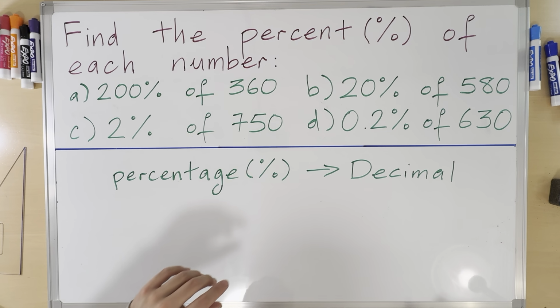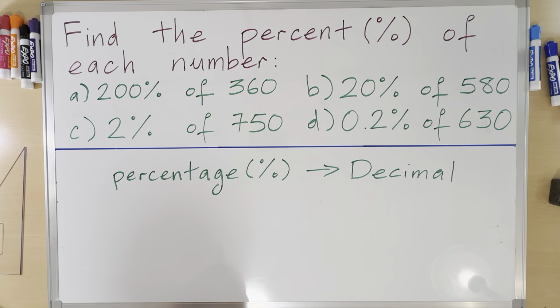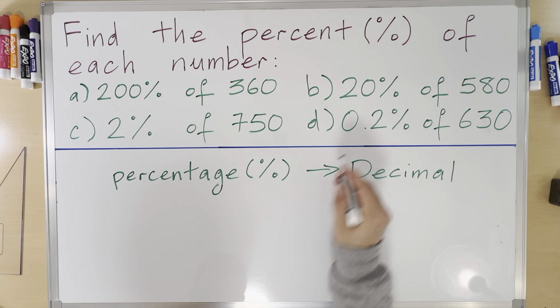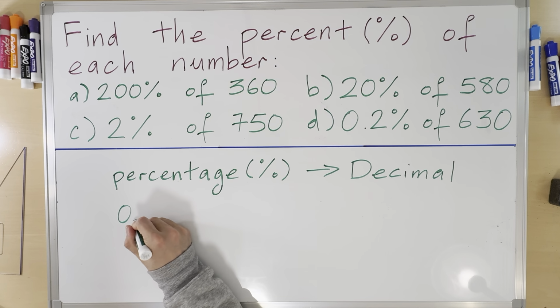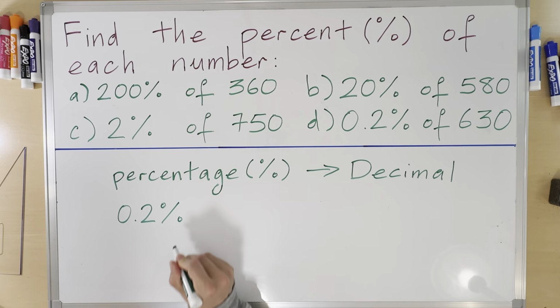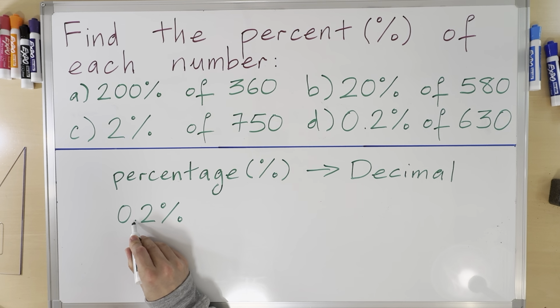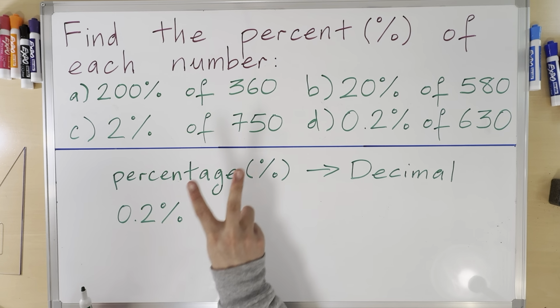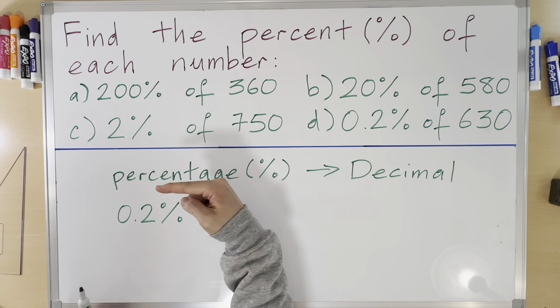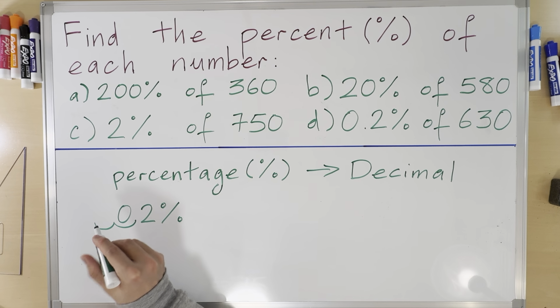And now, let us solve the last and final problem, problem D. 0.2%. We are now going to convert that from percentage to decimal format. So the decimal, as you can see, is right here. And we are going to move it 2 digits to the left. 1, 2.